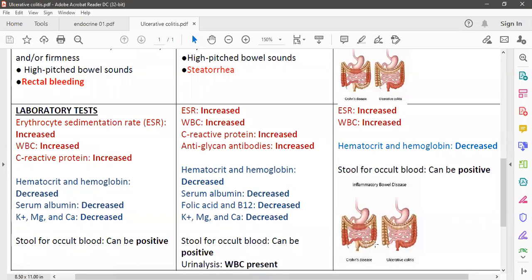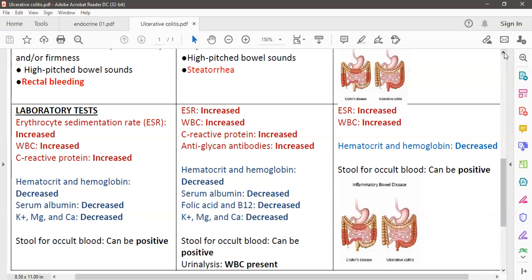Inflammation of the diverticula is called diverticulitis, and it can perforate and cause peritonitis, which is basically dangerous. The patient also complains of pain in the left lower quadrant.